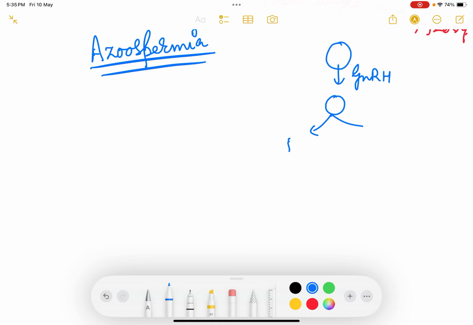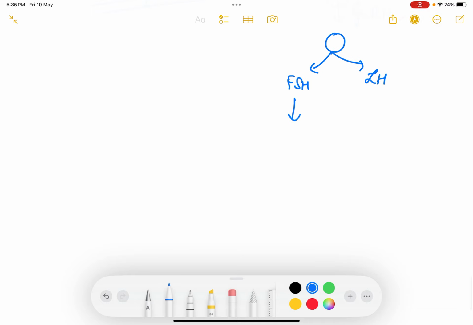From the anterior pituitary, we all know FSH and LH are being secreted. FSH will go and help the Sertoli cells. Another name is sustentacular cells also, remember. Sertoli cells will produce the sperms, so spermatogenesis will occur. Whereas LH will stimulate the Leydig cells and then testosterone will be produced.